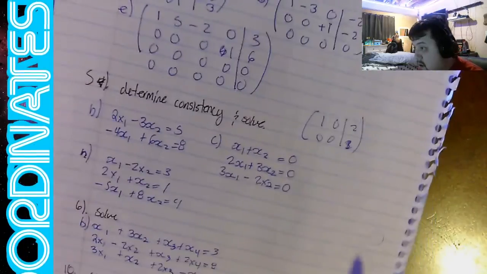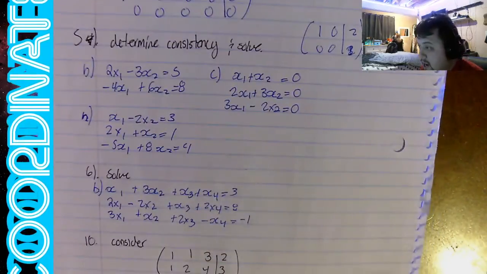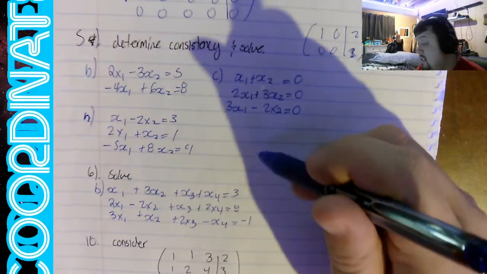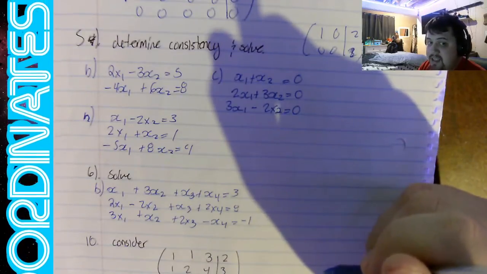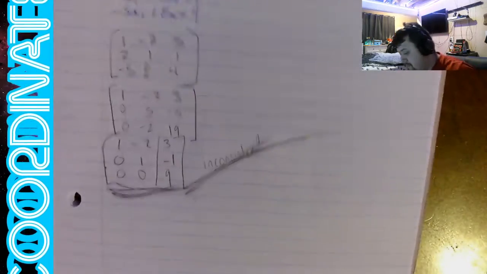Alright. And we're going to do question 6 of this textbook that I have, that you don't know. And we're going to solve this. Now, I'm pretty sure this won't have any inconsistent systems because it literally just says solve. And if it says solve, chances are it's going to be consistent. So, I'm going to move on.